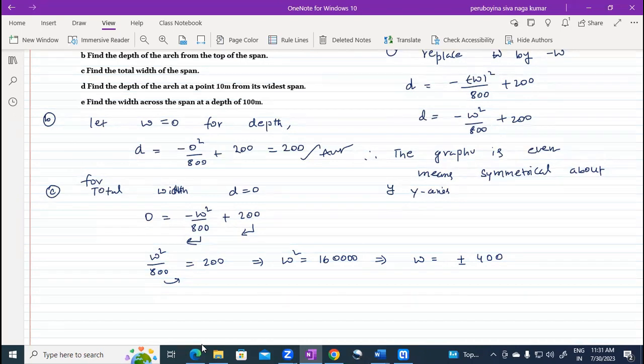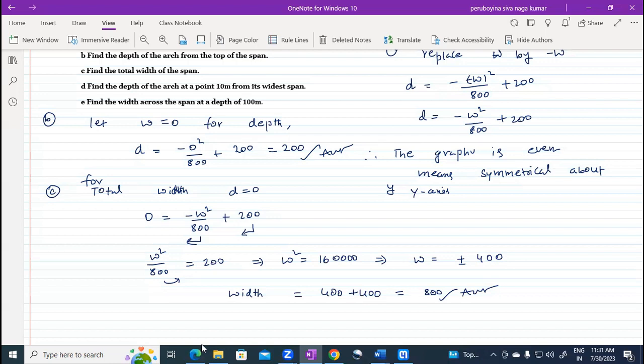So that means width is equal to 400 plus 400. Why plus? Because the total width, it was away from the origin. 400 is right side, 400 left side. So that means total width will be 800. Understood? Check your answer. This is the third question answer.